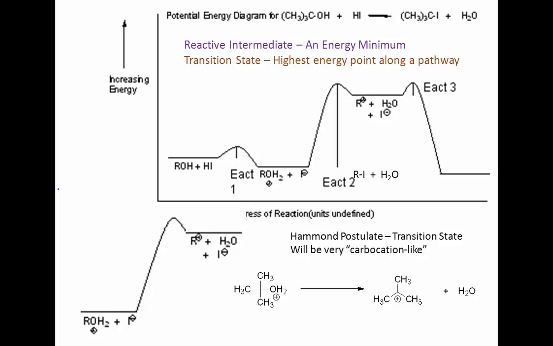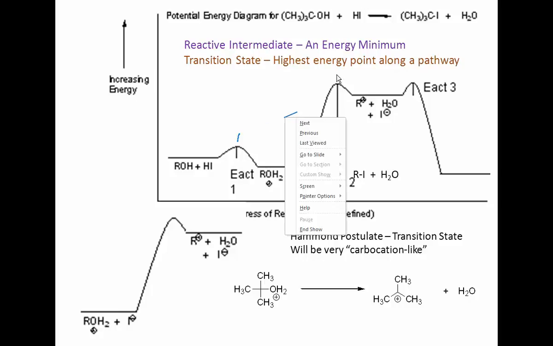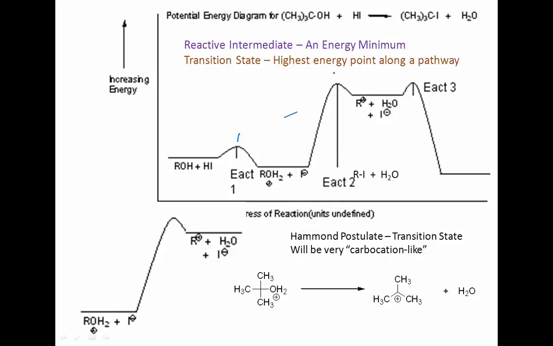Okay, so here's a potential energy diagram for the reaction. What we see is that there are 3 steps, thus there are 3 transition states. Transition state for step 1, transition state for step 2, and transition state for step 3. Here are the activation energies for those steps.